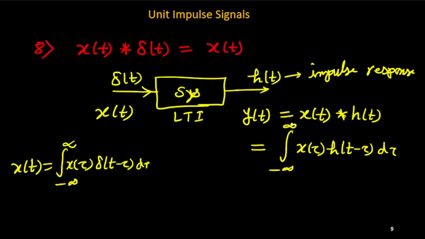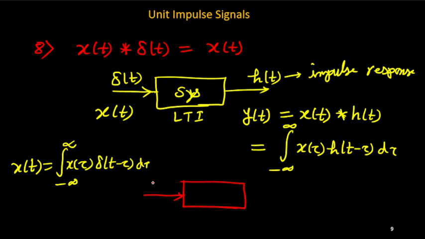Now what I am saying is that this output y of t is nothing but the convolution between x of t and h of t, where h of t is the impulse response. Now in this case, I have taken the convolution between x of t and del t. What will happen? Will I get x of t again? What is the meaning of this? If I consider one system, just see it from the system point of view.